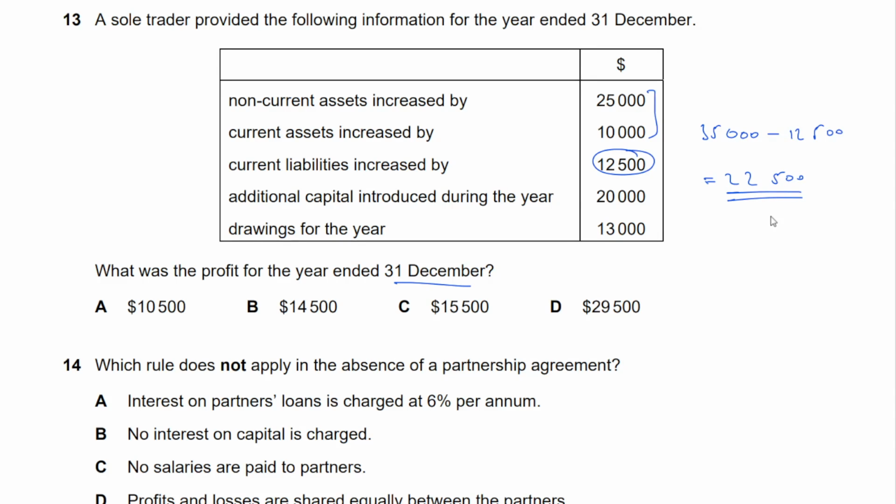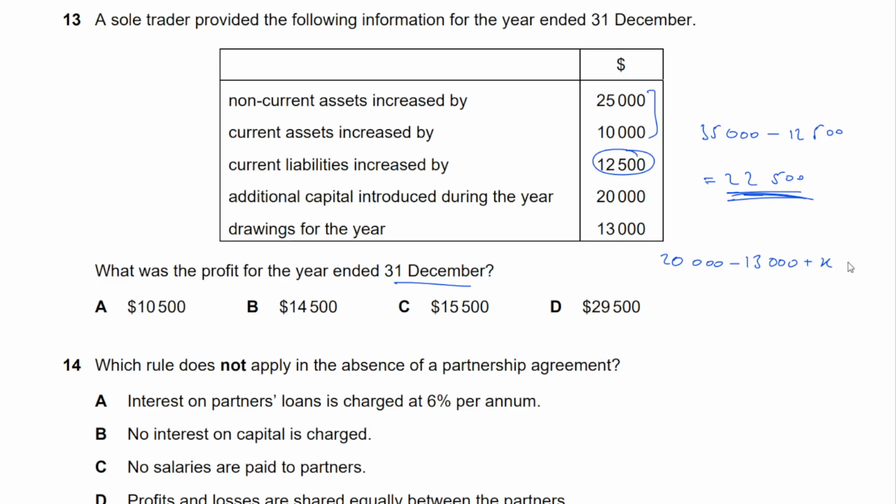Now we can apply the formula to calculate the change in capital. We will not put opening and closing capitals, but we know what causes a change in capital, because that's the total change. So we take the capital introduced, we subtract the drawings, if you remember the magic formula, and you add the profit.